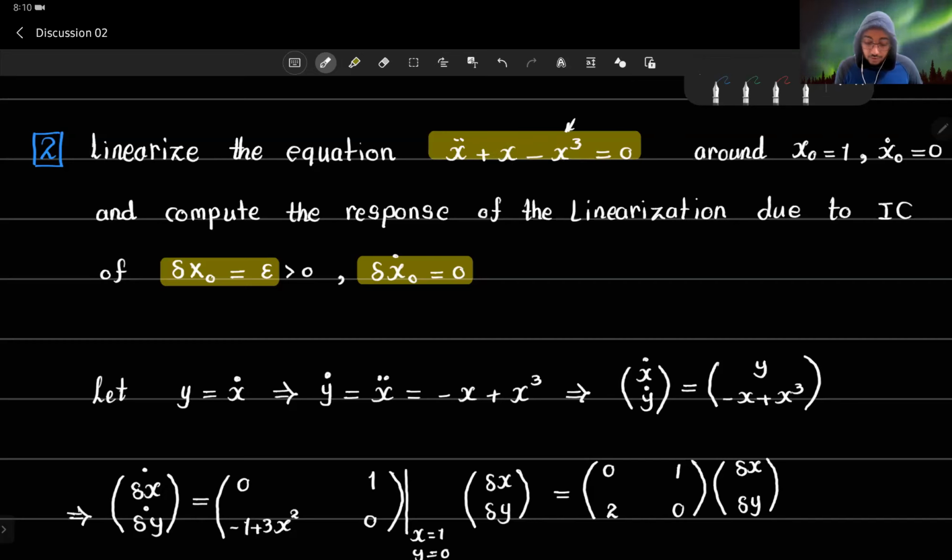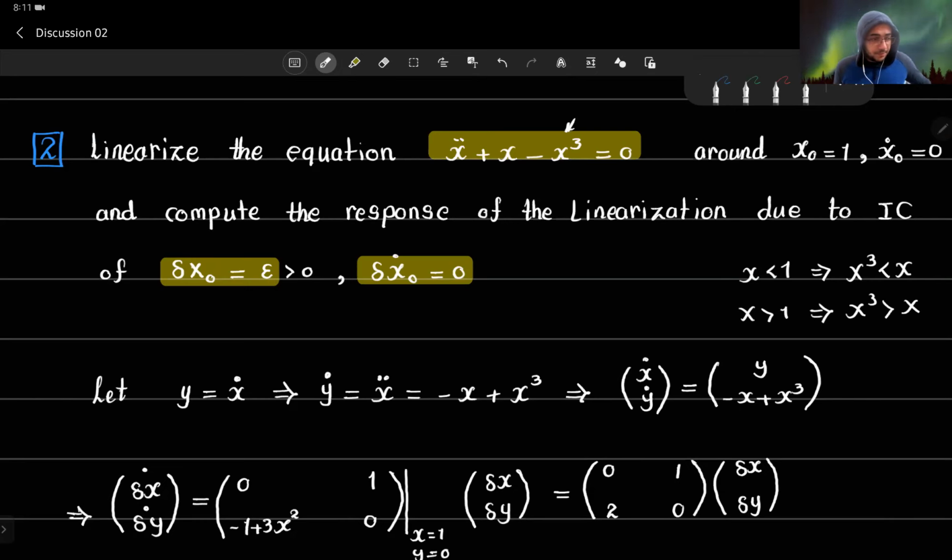And then we have x cubed, which is a term that is dominated by x when x is less than 1, but dominates x when x is bigger than 1, right? Because we know that if x is less than 1, then x cubed is less than x. But if x is bigger than 1, we know that x cubed is definitely bigger than x. Right?